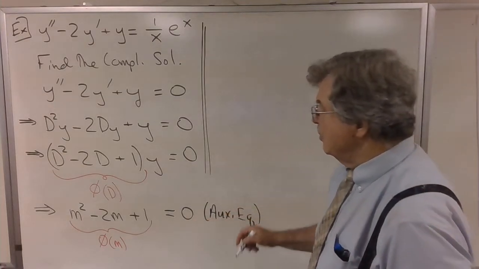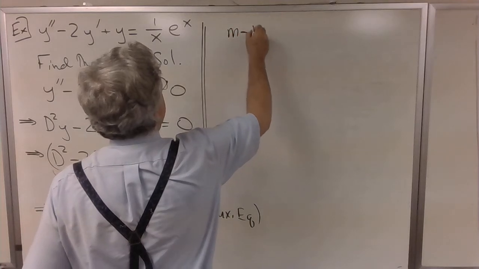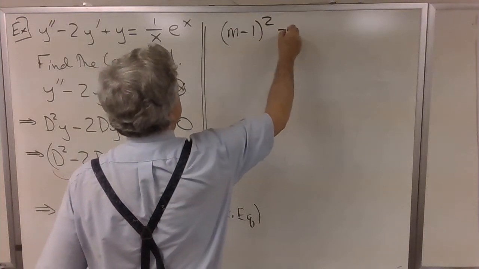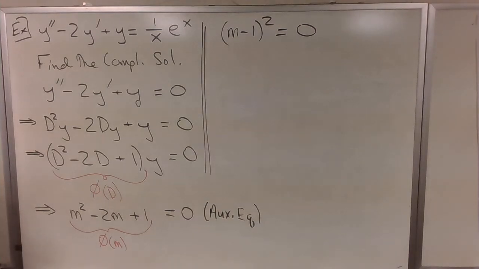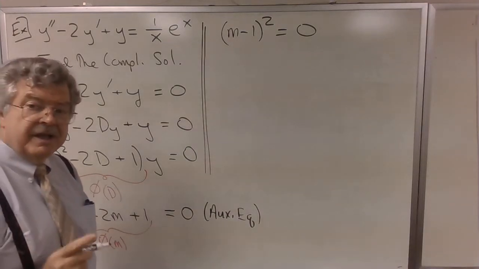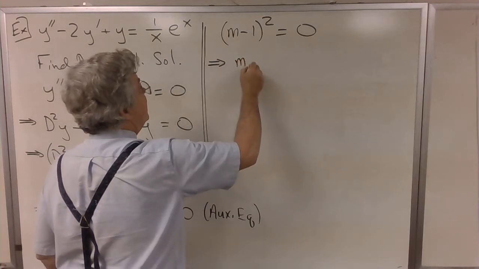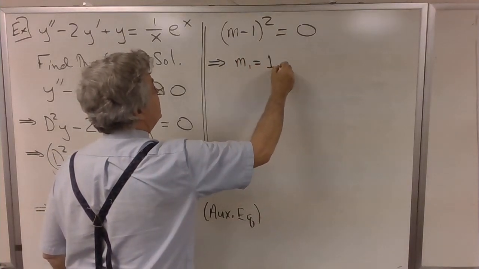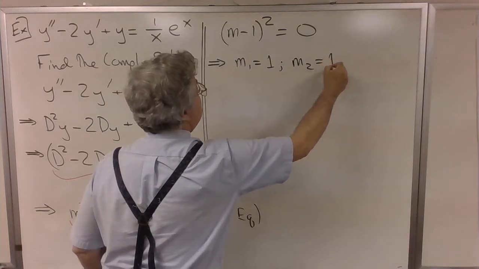This is nothing more than m minus 1 quantity squared. So guess what? We're going to get a double root. So m1 equals 1, m2 equals 1.